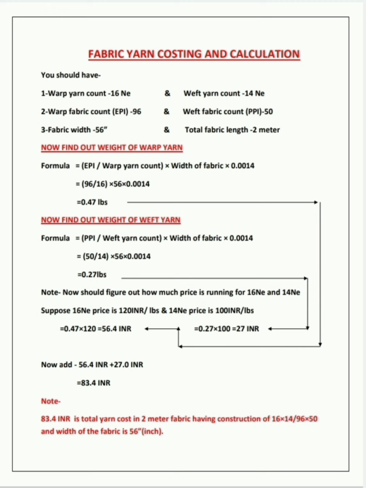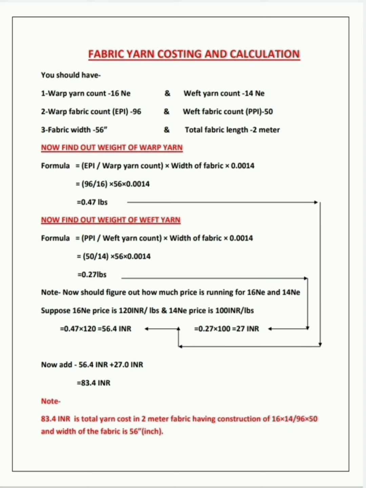So first of all, we need to know the weight of the warp yarn and the weft yarn. Look at the second red line here. I have mentioned how to find the weight of the warp yarns. Here is one formula: EPI divided by warp count, multiply fabric width, multiply 0.001.